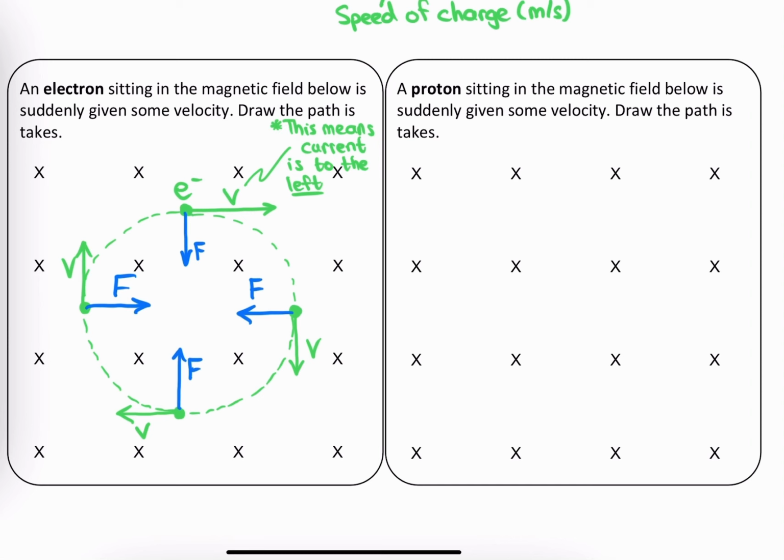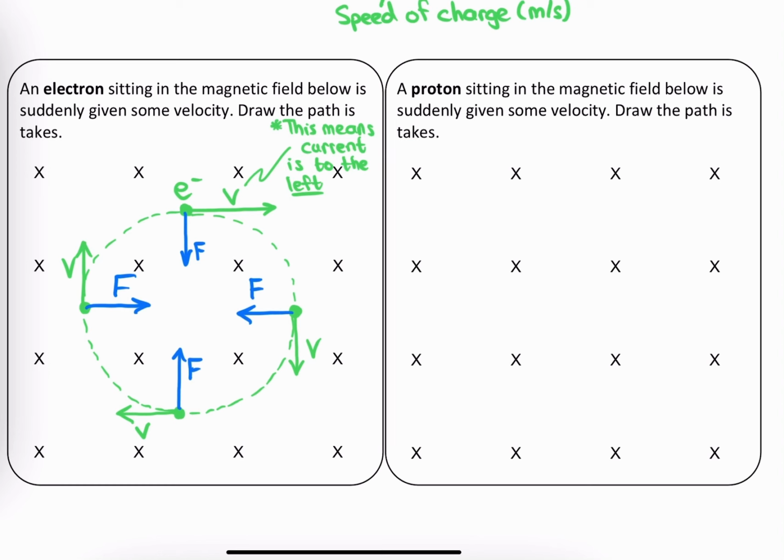If I have an electron, I place it in a magnetic field. It feels no force at all. But as soon as I flick it and give it some speed, it starts to feel a force. And that force will cause it to change its direction. But since the direction of the force is dependent on the direction it's moving, the force will change its direction, and then the direction will change the force, and both of them keep changing, such that it goes in a circle.